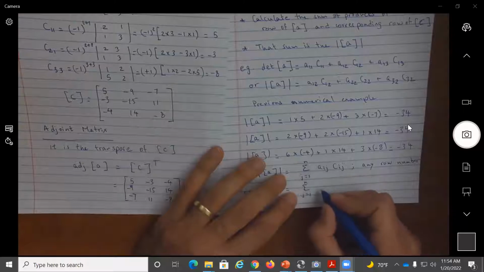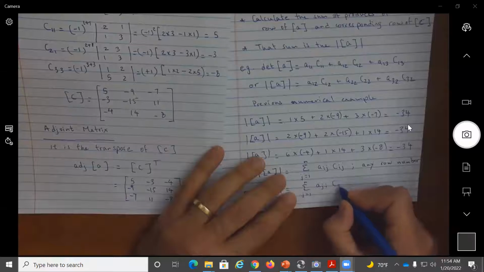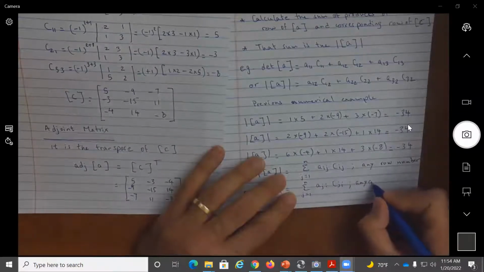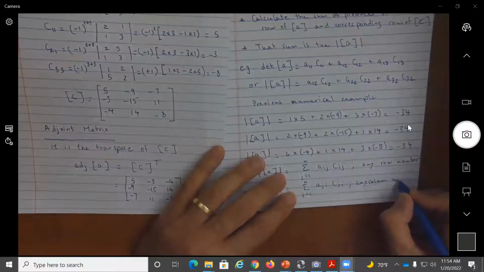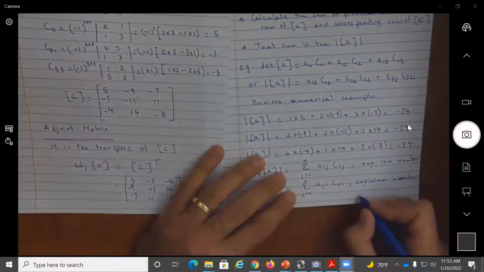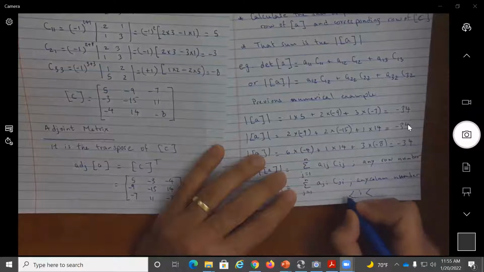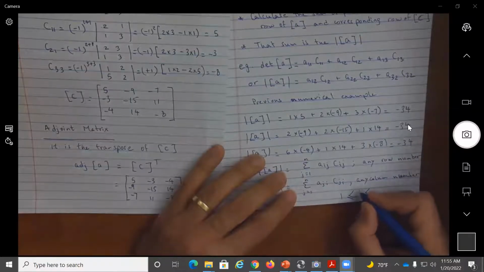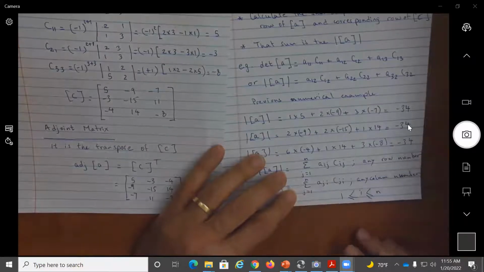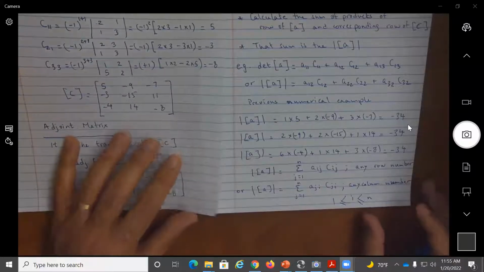So I'm going to go aji times cji. This would imply any column number, where i takes values greater than or equal to 1 and less than or equal to n, which is the number of rows or columns, because it's a square matrix.